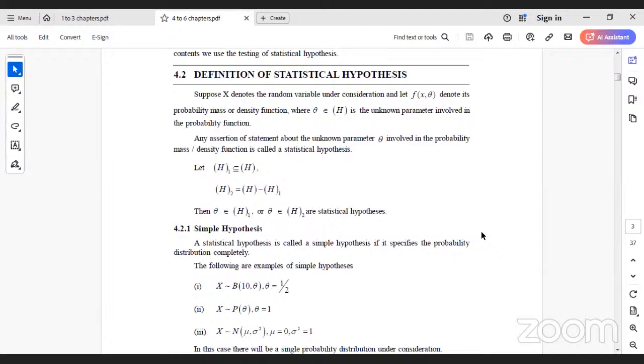What is a simple hypothesis? A statistical hypothesis is called a simple hypothesis if it specifies the probability distribution completely.